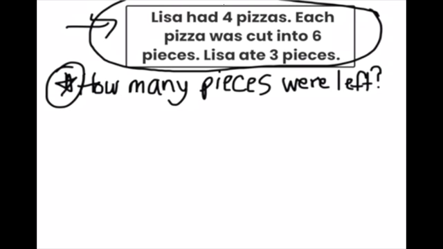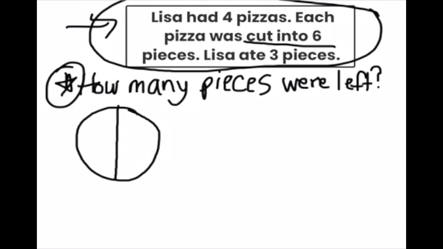Okay, so when we draw the pictures, I want you to actually pause the video right here, and I want you to draw what that would look like. So this is something to just help you get started. Here is one whole piece of pizza, and we know that each pizza was cut into 6 pieces, right?